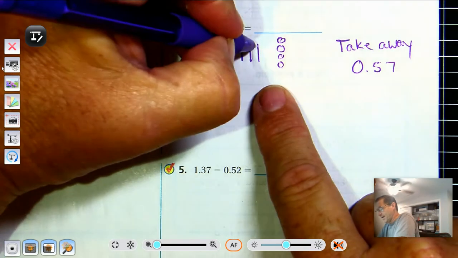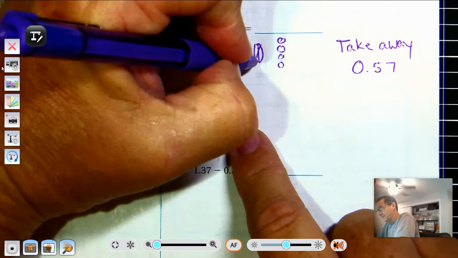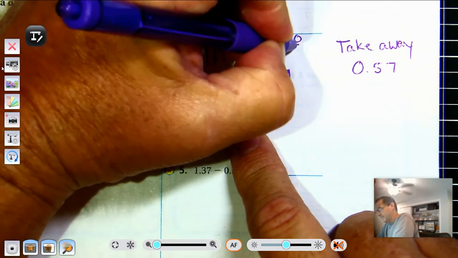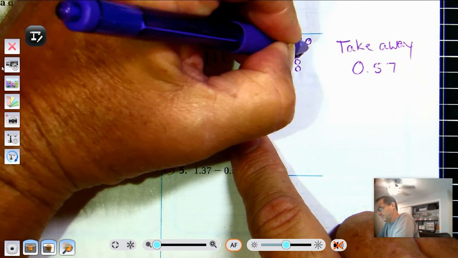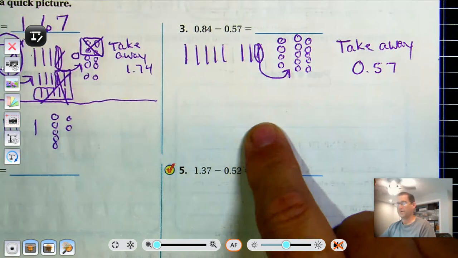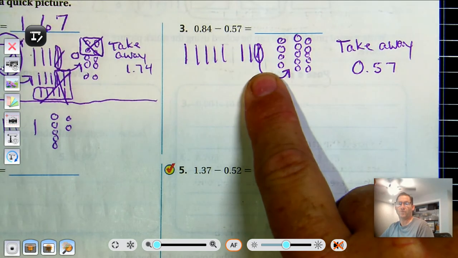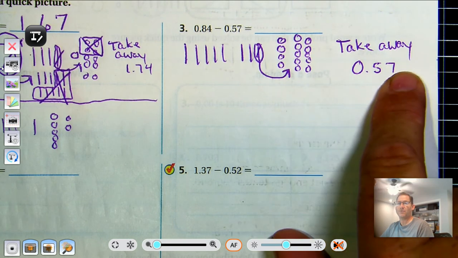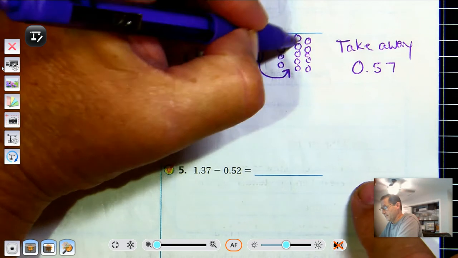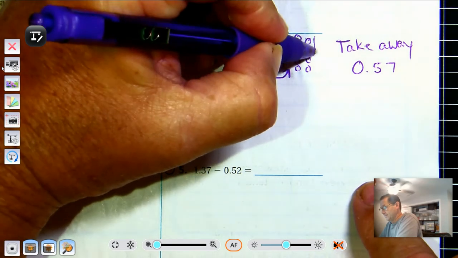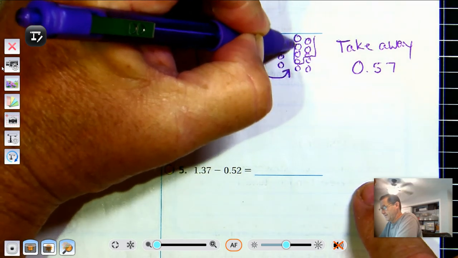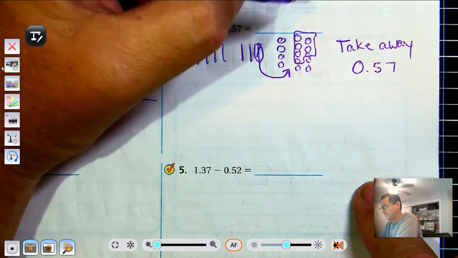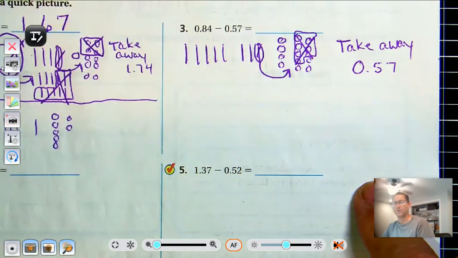So I'm going to have to trade one of the tenths for 10 hundredths. Okay, so again, we regrouped one of the tenths for 10 more hundredths. Now we can take away 7 hundredths. So 2, 4, 6, 7 hundredths. I'm going to cross those out.